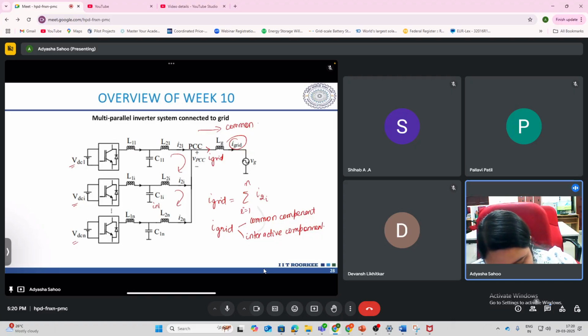I interactive is basically flowing through the inverters, and this is flowing on the grid side.